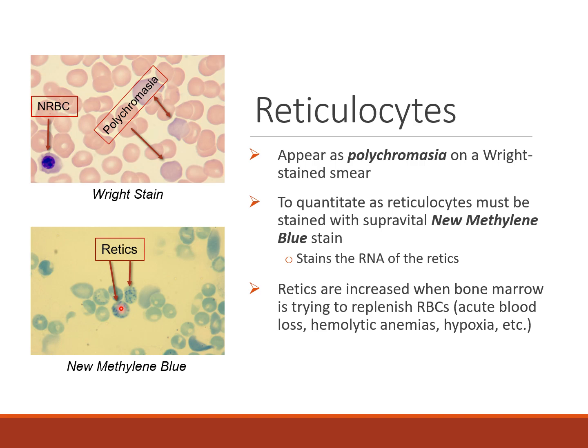So if we have acute blood loss, hemolytic anemia, hypoxia, etc., we want to see an increase in reticulocytes. If the patient is anemic, has low hemoglobin, has had an acute blood loss, and we don't see reticulocytes, that's when we really get concerned, because that means the bone marrow is not compensating for the need.